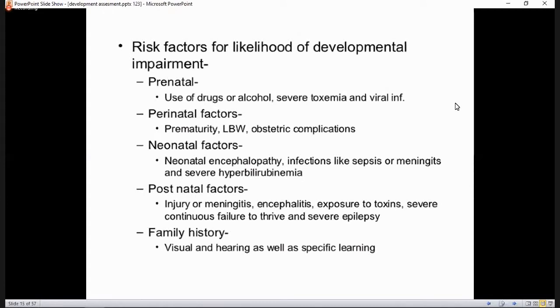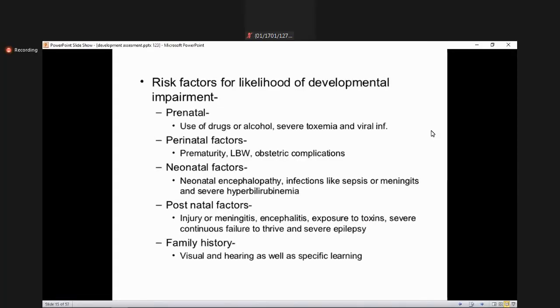So there are risk factors for developmental impairment. As already said, use of drugs, alcohol, severe toxemia, and viral infection.